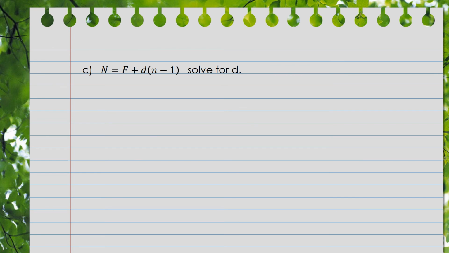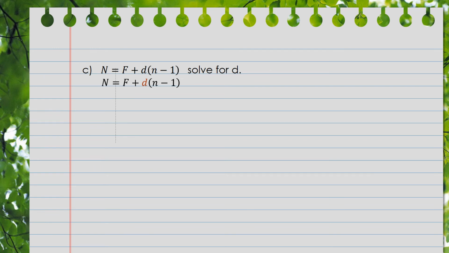For C, we have N equals F plus D times the quantity N minus 1. And again, it's asking us to solve for D in this example. Draw your line at the equal sign and then highlight your chosen variable. Now, notice what side the variable is on. Is it on the left or the right?